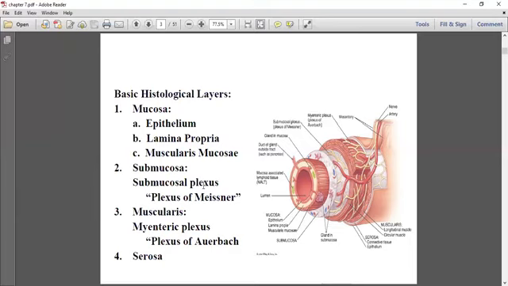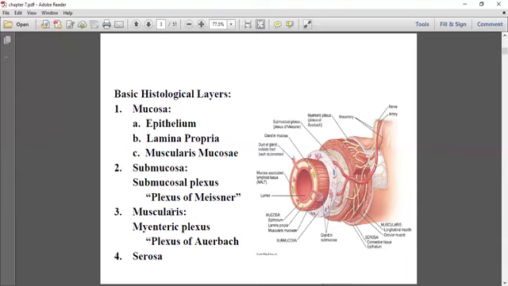These plexus located in the submucosa are called the submucosal plexus or plexus of Meissner, which is a cluster or a group of nerve cells.